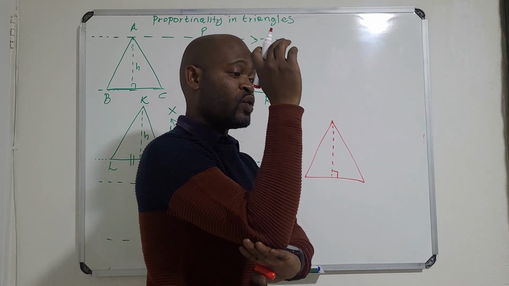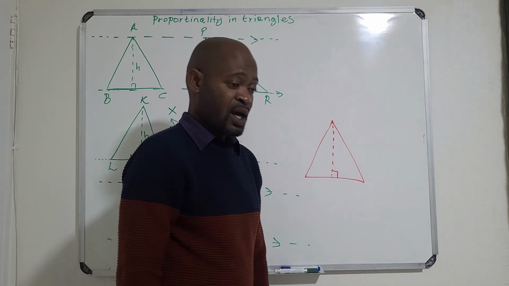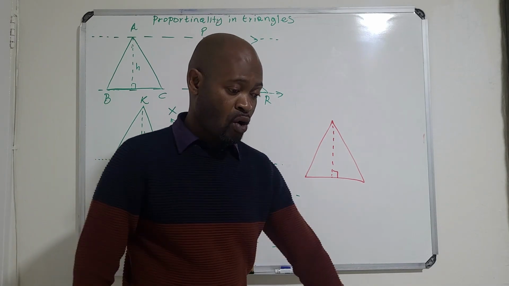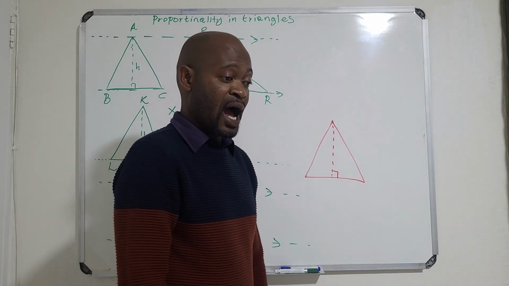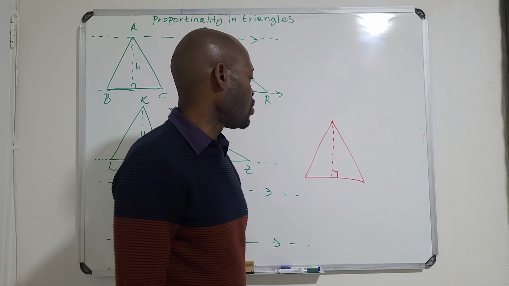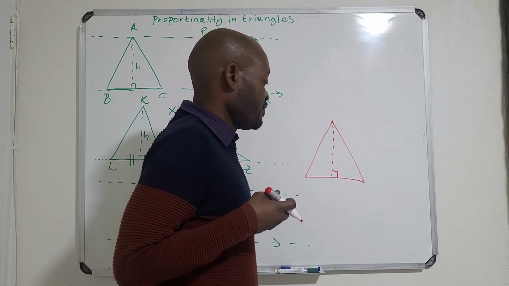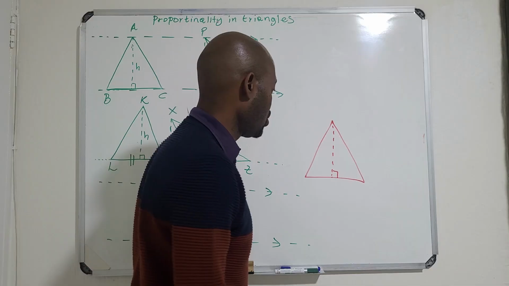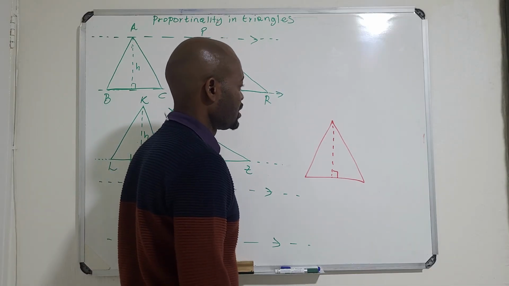And the base is always perpendicular to the height. As I am standing here, the floor is the base because I am perpendicular to the floor. Therefore, my height obviously is perpendicular to the floor. Therefore, the floor is the base.